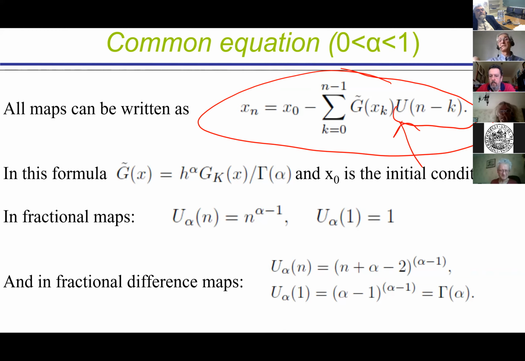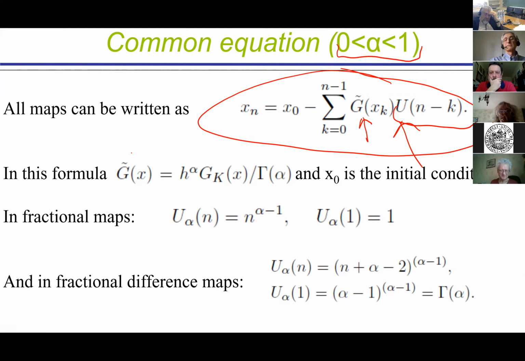And if I consider alpha between 0 and 1, it will, in most cases, give 0. Exactly 0 will appear if this function g of 0 is 0. And it's true for the logistic map, and it's true for the standard map, for the sine map, for the circle map. Okay.